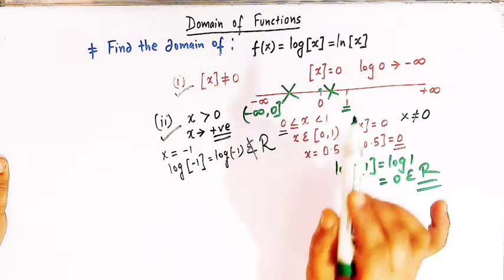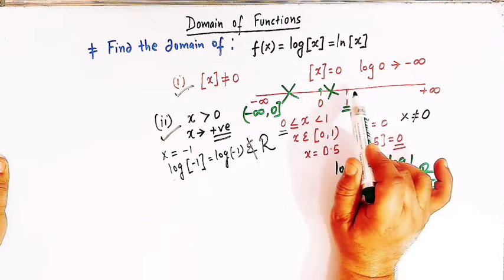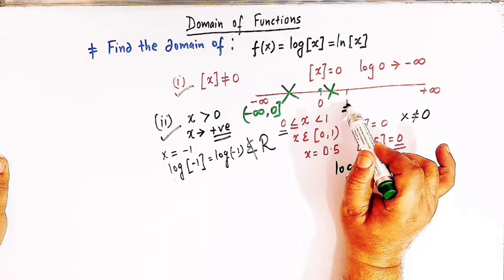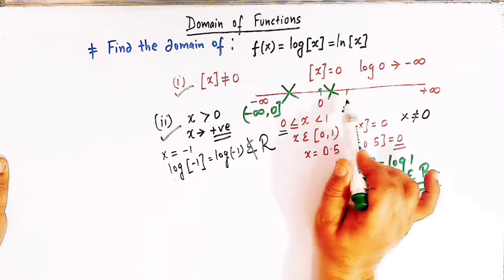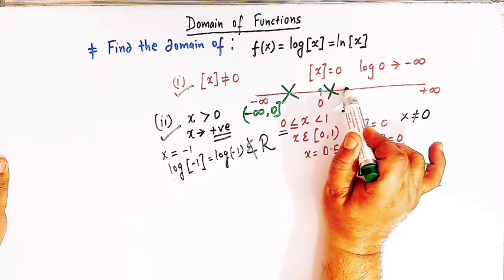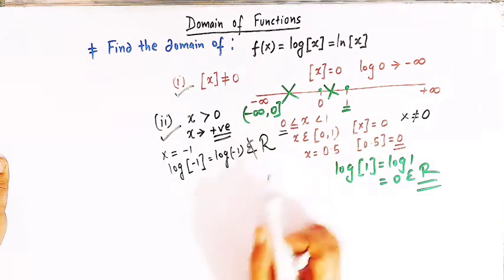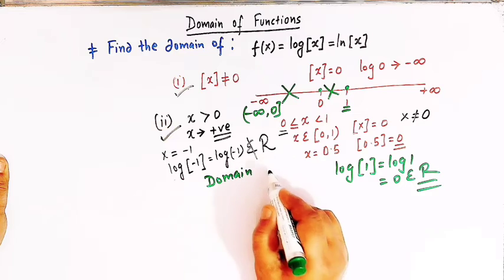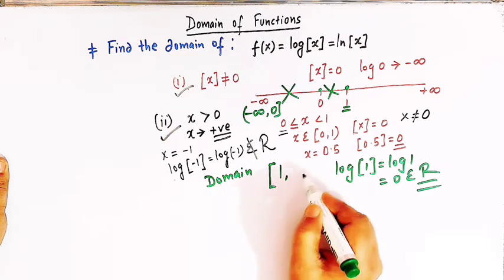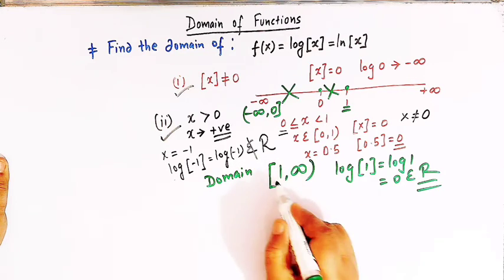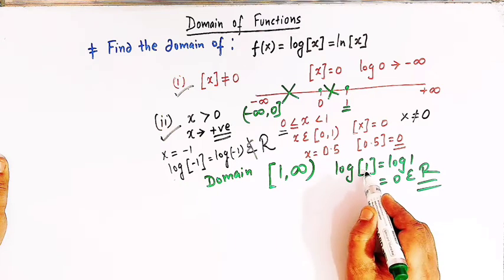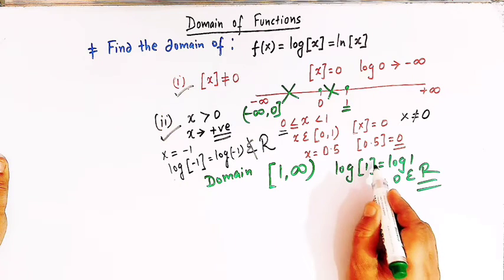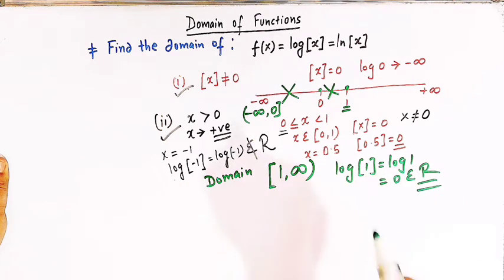And so we are left with only the interval from 1 to infinity, with 1 included here. So the domain of this function is given by the interval from 1 to infinity, where 1 is also included because log of greatest integer of 1 is defined.